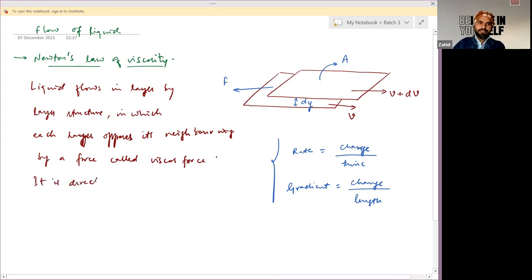It is directly proportional to the area of liquid film and velocity gradient.